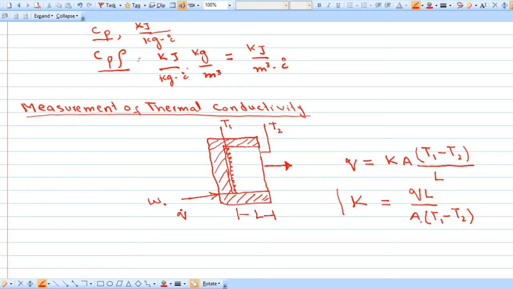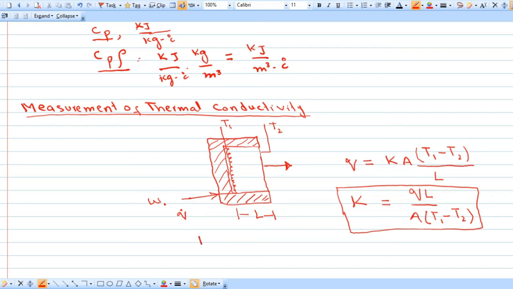A is the area of the sample perpendicular to the direction of heat flow. L is the thickness of the sample. Q will be the heat input to the electric heater. Q can be calculated using power input of the heater or using the resistance of the electric heater.